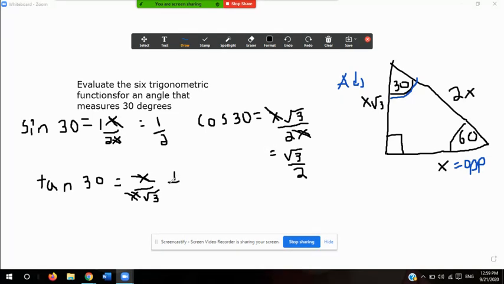And I have to rationalize my denominator. So remember that when I rationalize the denominator, I'm multiplying everything by the square root of 3, top and bottom. When I multiply the square root of 3 by the square root of 3, I get the square root of 9.